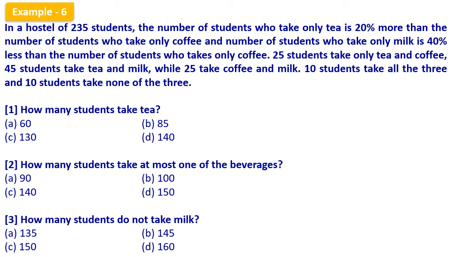This is the data given here. You can pause this video and try to construct a Venn diagram on paper, and once you have constructed it and filled it, you can resume the video to look for the solution.